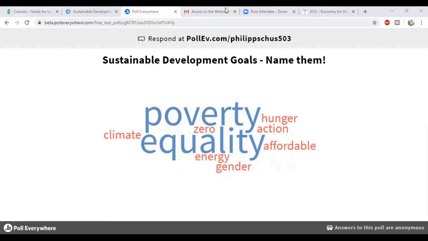Affordable energy, I think this is what it was. That's what I meant earlier. As soon as it's more than one word, the cloud gets a bit messy. But anyways, it will move again, and then later on we will see always a better picture.